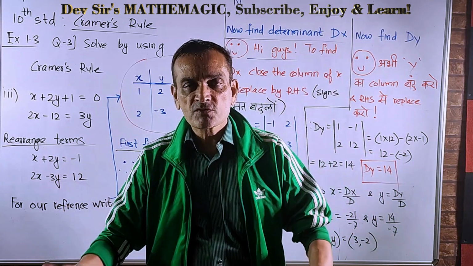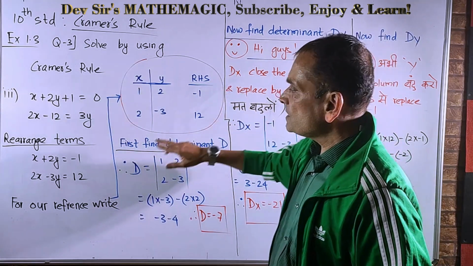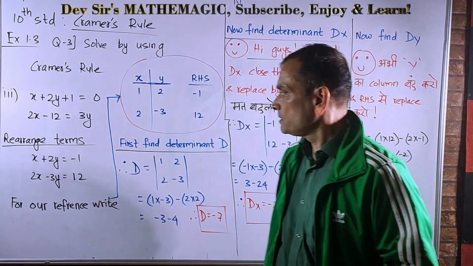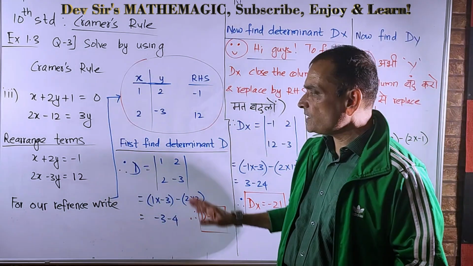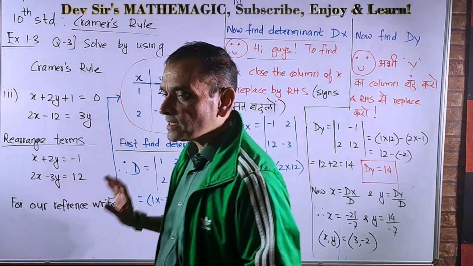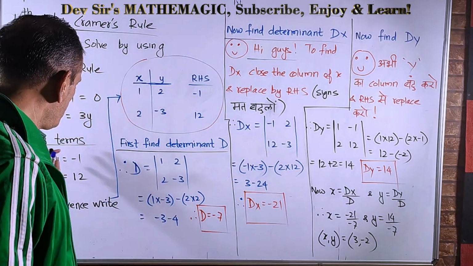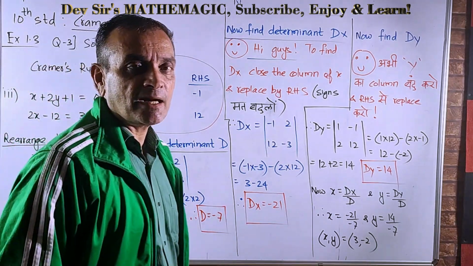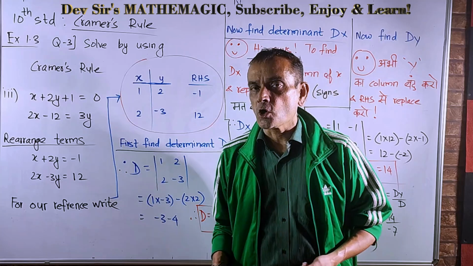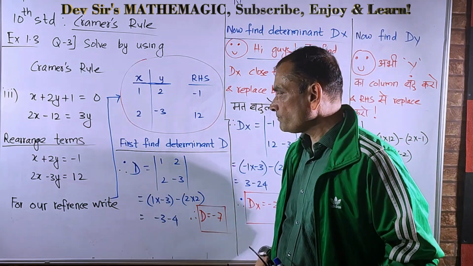Clear? This is for our reference to play the game. RHS is minus 1 and 12, just write it as it is. So it is for reference. What did we do first? We just rearranged the terms so that x and y are on the LHS and constants on the RHS. Okay, that is done.